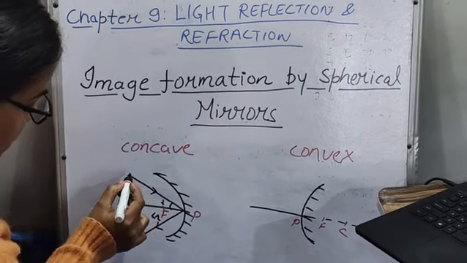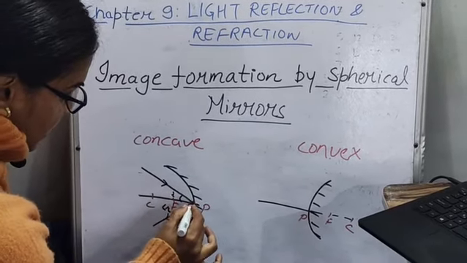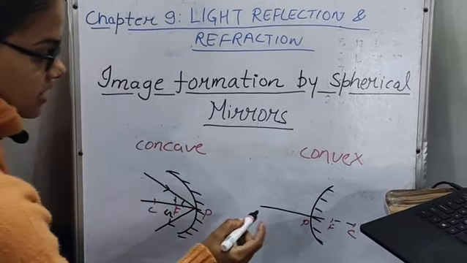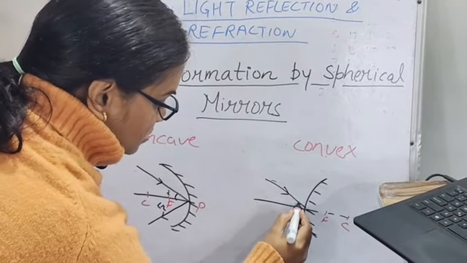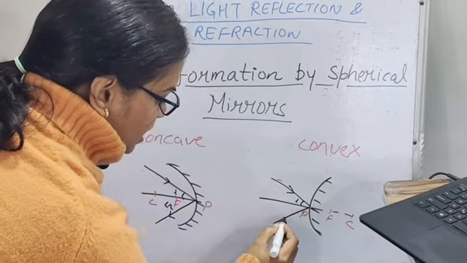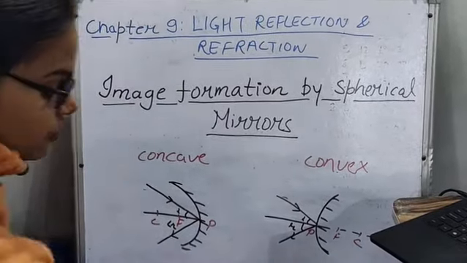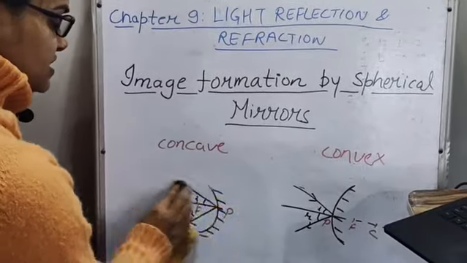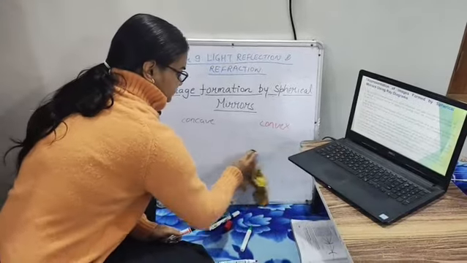At the pole, the ray of light which falls with an angle will be reflected back with the same angle. The angle of incidence will be equal to the angle of reflection. So based on these four rules, we will see the image formation by concave mirror and convex mirror.